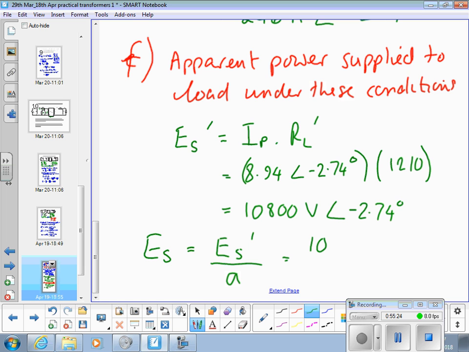So that's the 10,800 angle minus 2.74 divided by 27.5.